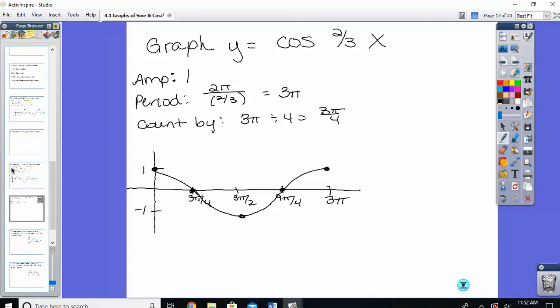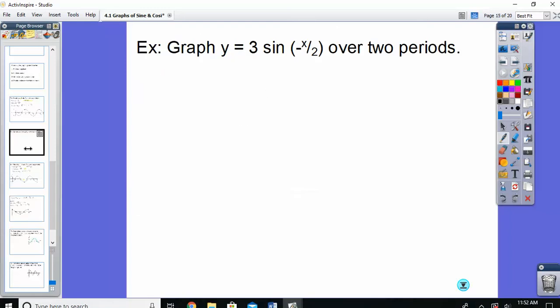I'd like to do one more, I think, and then I'm probably stopping. Let's just do 1 period for this one. Times the sine of negative x over 2.